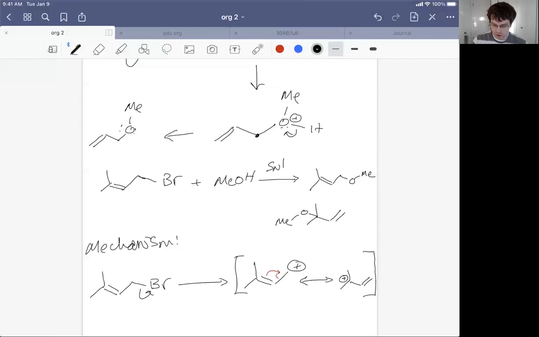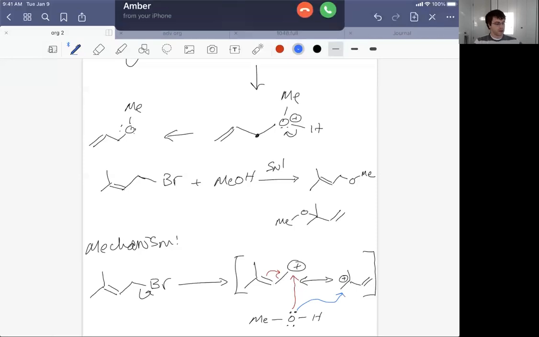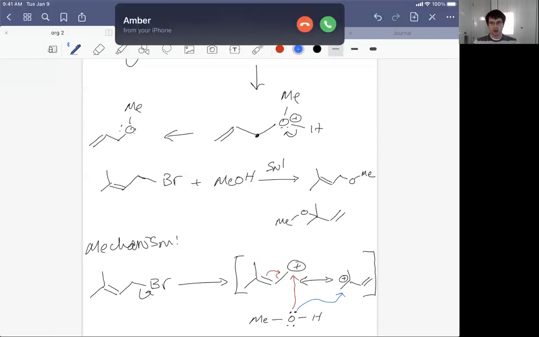So what I'm trying to say is the methanol molecule has a choice to add to the left side or to the right side. Do I say it could add to the molecule on the left or the molecule on the right? No, I don't want to say that because that implies they're different molecules. These two depictions depict the exact same structure, but they show different properties of that same structure.